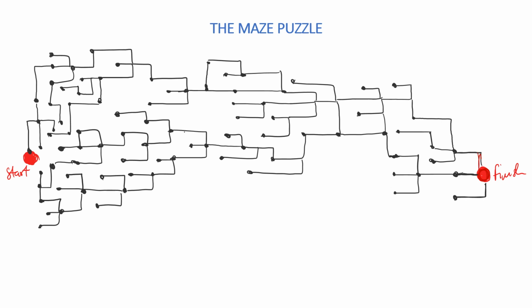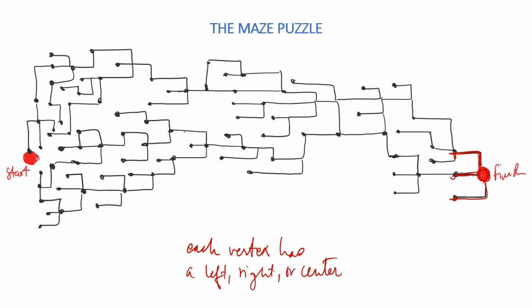So to find the start, each vertex has a left, right, or center child.